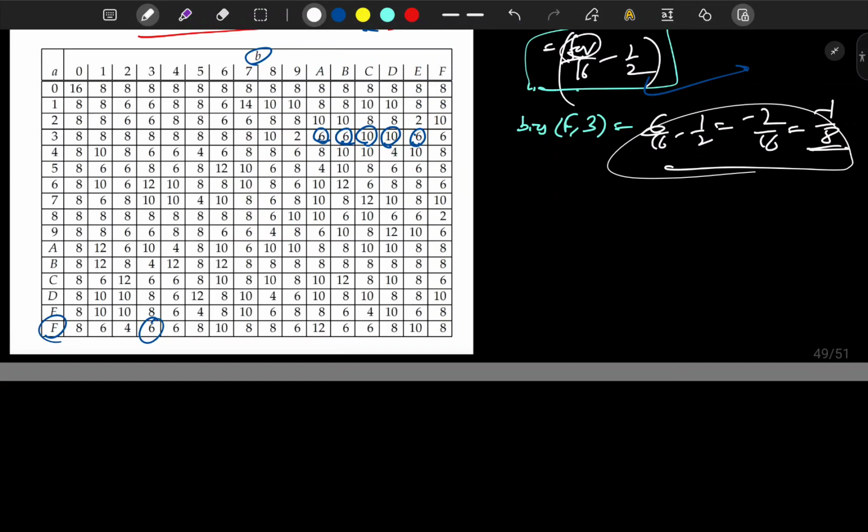That's all you have to know about the approximation table. Once this approximation table is finished, then we can start the main thing, linear cryptanalysis, meaning linear attack.